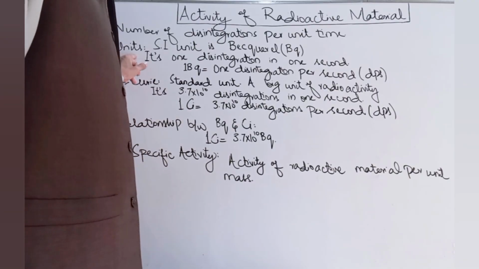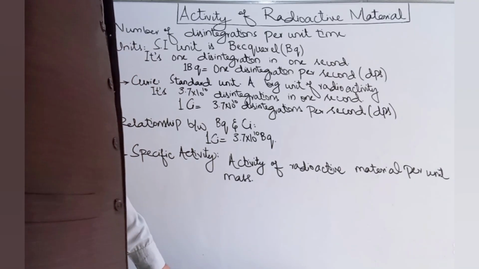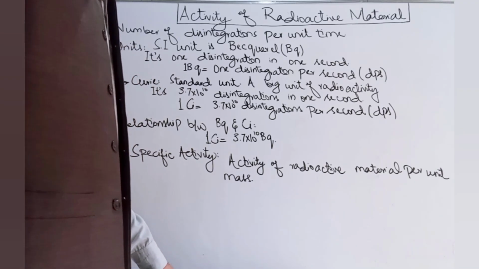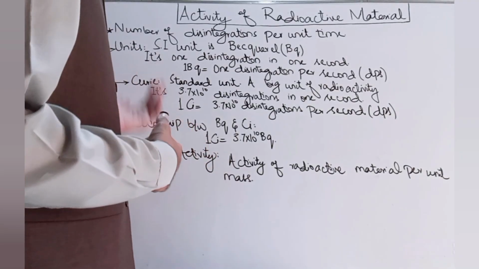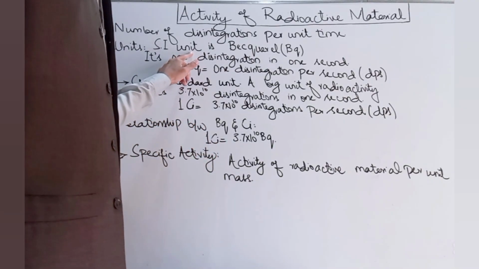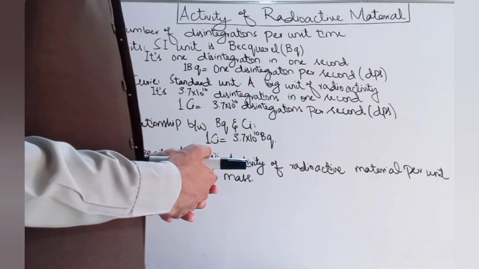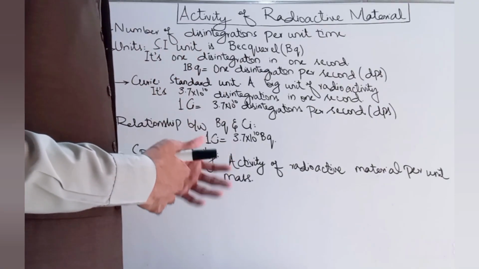If we talk about the units, there are two types. The one is the SI unit of radioactivity, the Becquerel. In the previous lecture we discussed that Becquerel was the scientist who first discovered the phenomenon of radioactivity, and how he discovered it was well explained in that lecture.